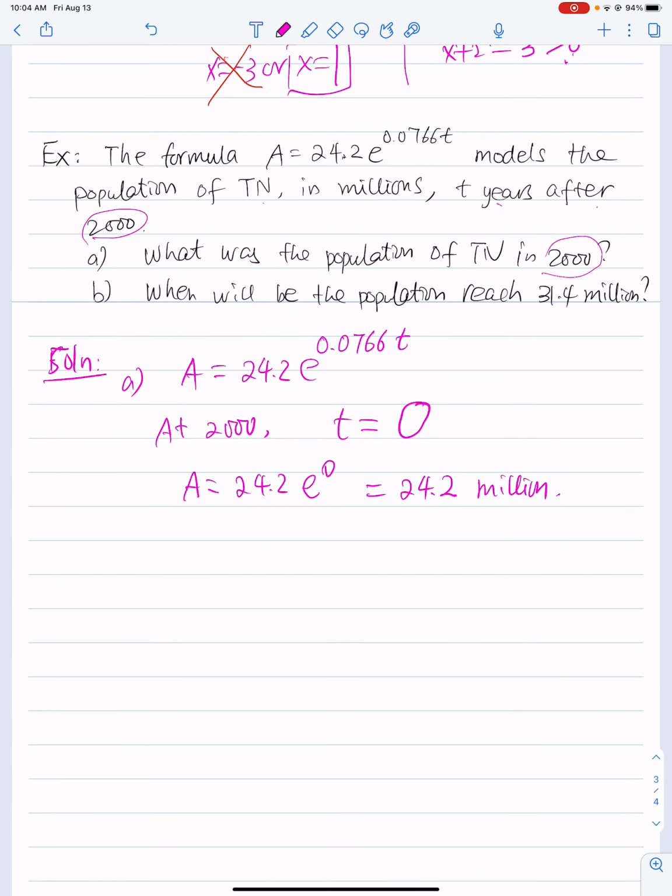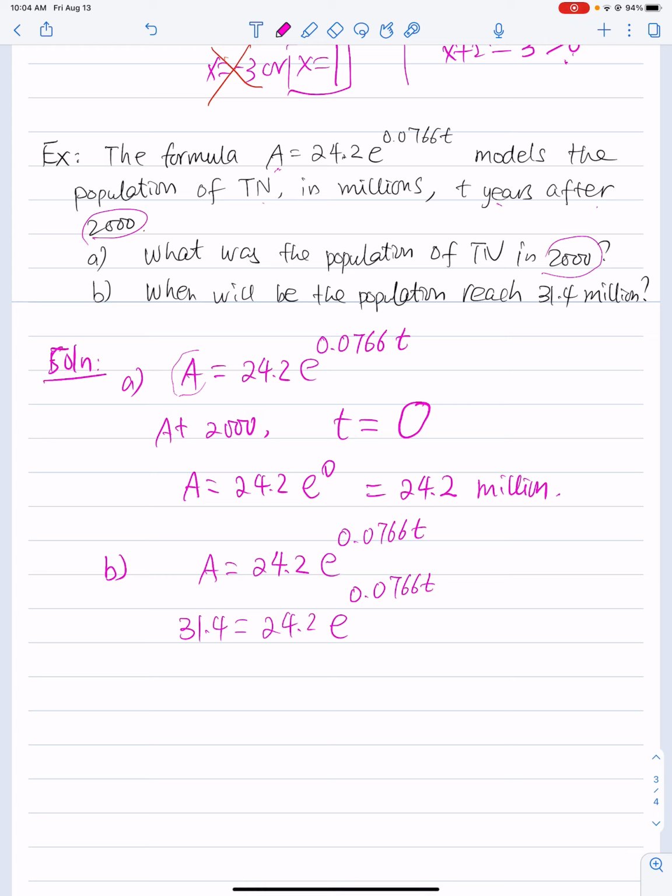Okay, so the second question is, when will the population reach 31.4 million? This means A equals 31.4, yeah? So this is the population. A equals 24.2 e to the 0.0766t. So 31.4 equals 24.2 e to the 0.0766t.